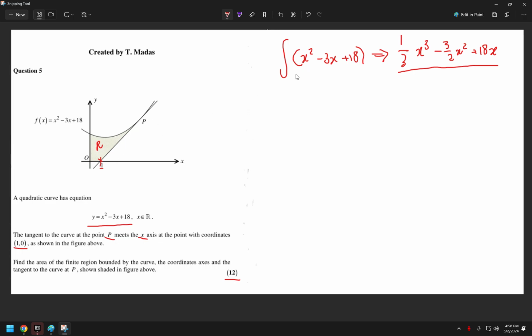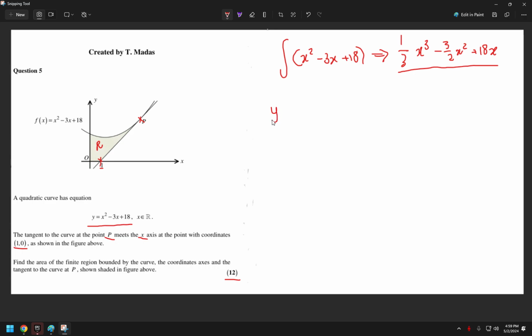So instead, you would use these coordinates that you have and form an equation with the gradient in terms of m, and then solve it simultaneously with the equation of the curve to get what the gradient is at P. So we'll start doing that.